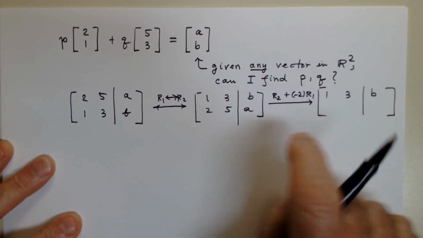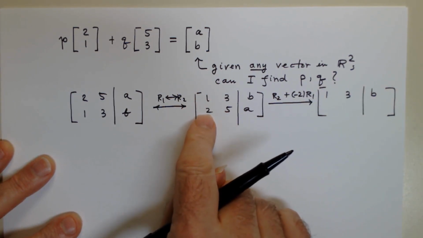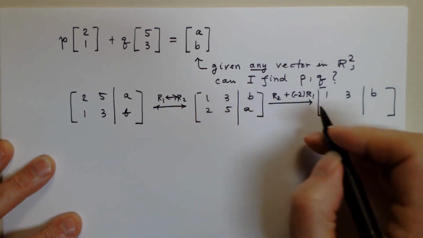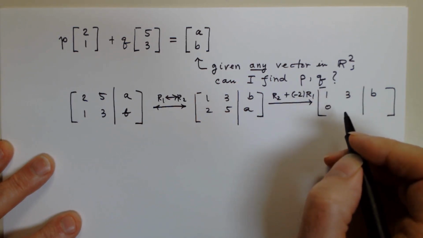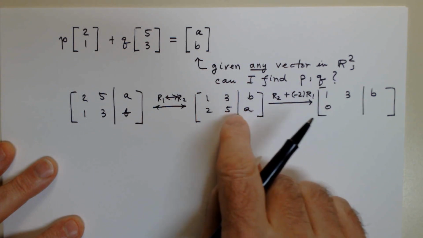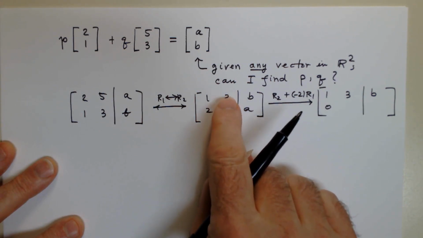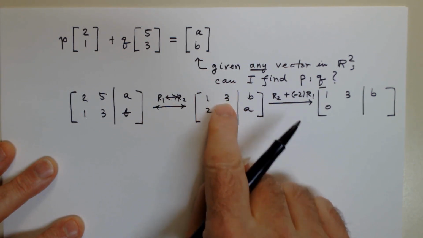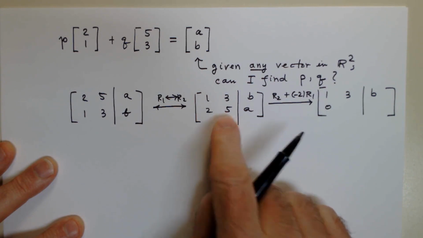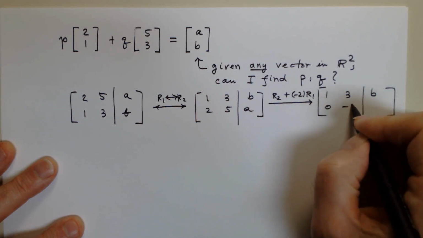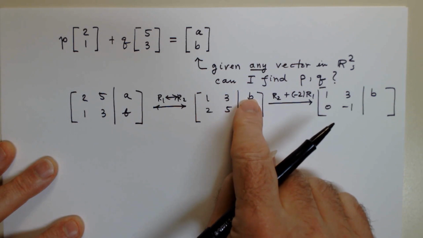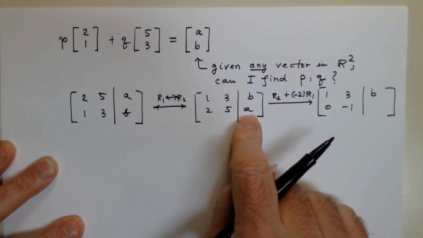I'm getting ahead of myself. I'm going to do -2 times row 1 and add it down, so that's going to be a 0 in that position. When I take -2 times the 3 and add it down, that's -6 added onto the 5, that's -1. I'm going to take -2 times b, that's -2b, add that onto the current a, so that's a minus 2b.